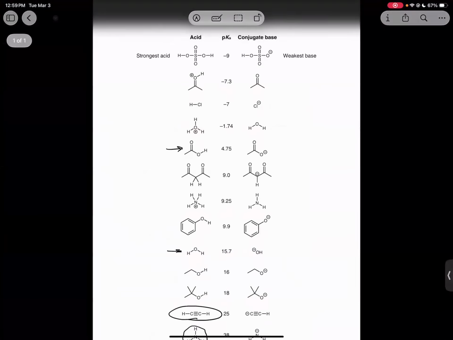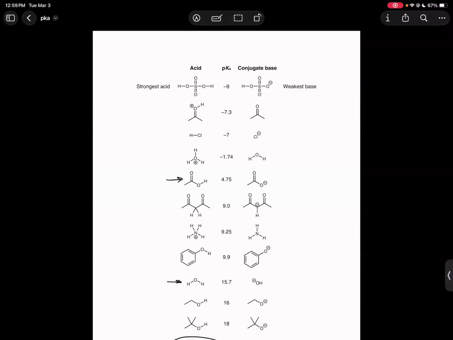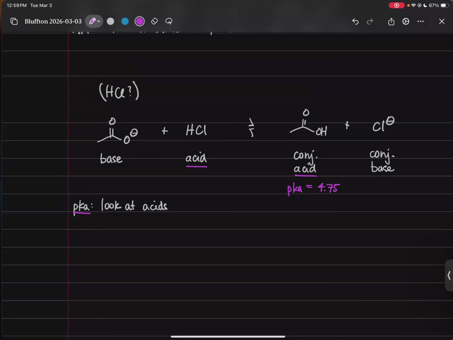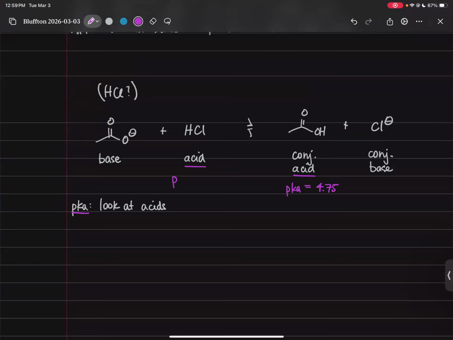HCl, do I have HCl in here? I do. Wow, look at me. The pKa of HCl is minus 7. All right. Lower pKa means stronger acid. Higher pKa means weaker acid.